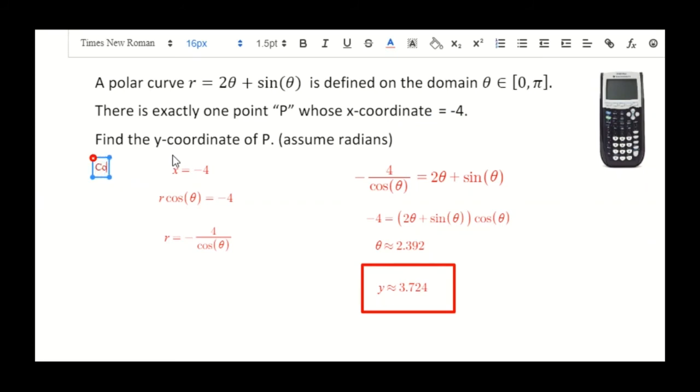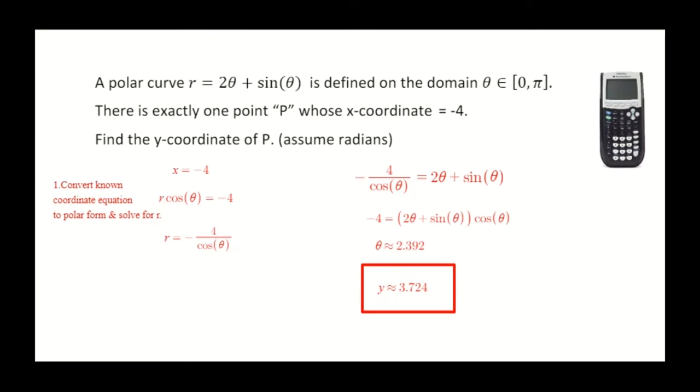Convert known coordinate equation to polar form. That's going to be your first step. And solve for r. Okay, so that's step one. That's what we're doing over here.